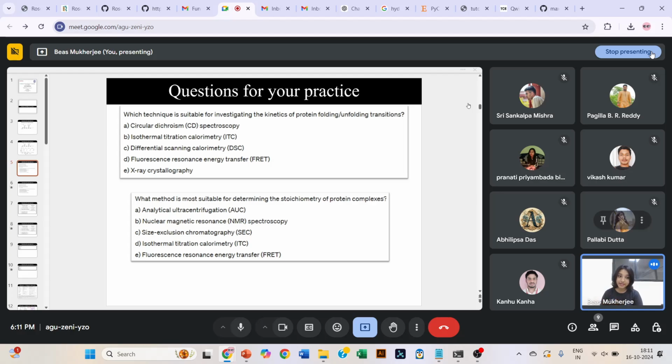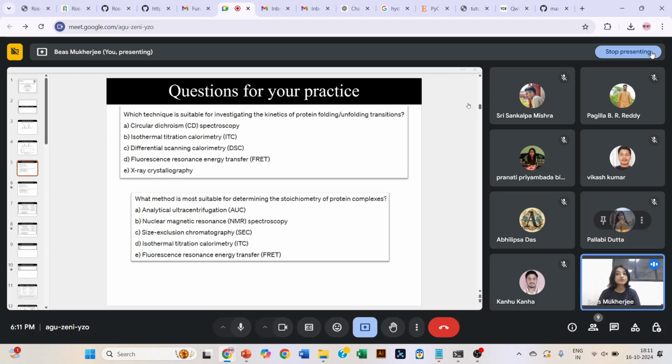So what happens to the secondary structure when the protein is folded and unfolded? That you know, right? So what is going to be the most suitable technique to study protein folding and unfolding? You know about X-ray crystallography, you know about FRET, you can make a guess.